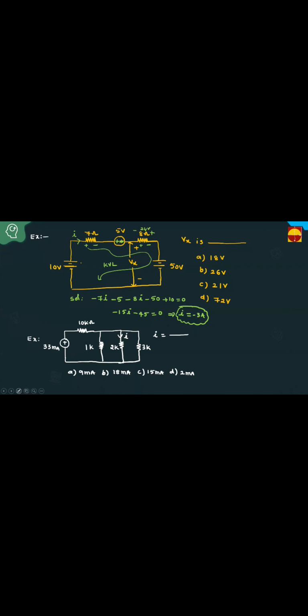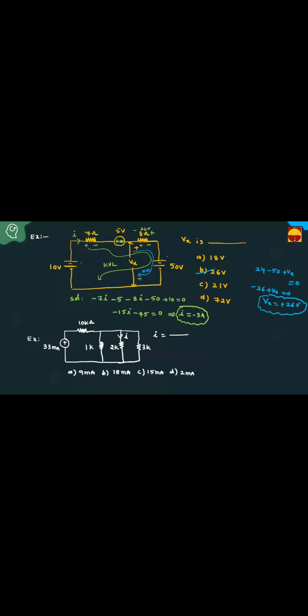Apply the KVL in this loop. Minus 20, negative to positive, positive 24, positive to negative, minus 50, negative to positive, plus Vx equal to 0. Minus 26 plus Vx equal to 0. Then Vx equal to minus 26. Sorry, Vx equal to 26 volts. That is the answer.